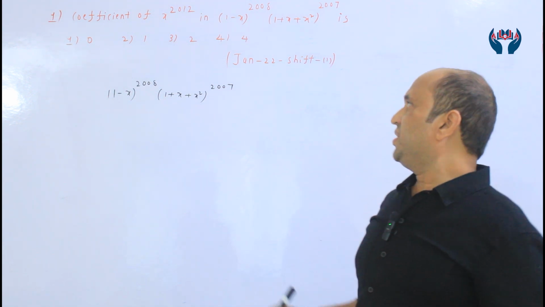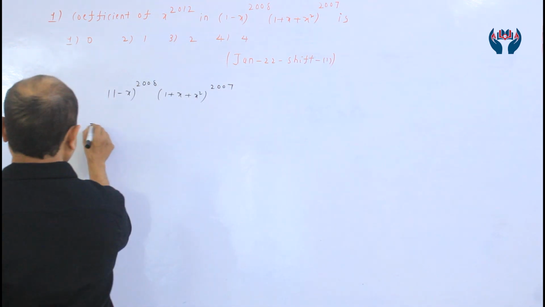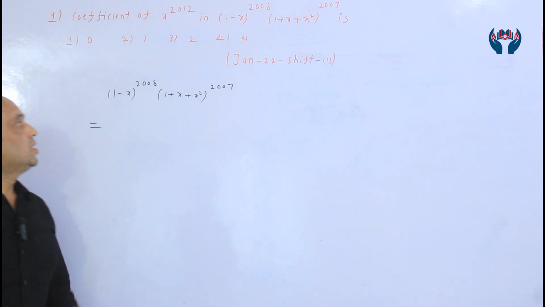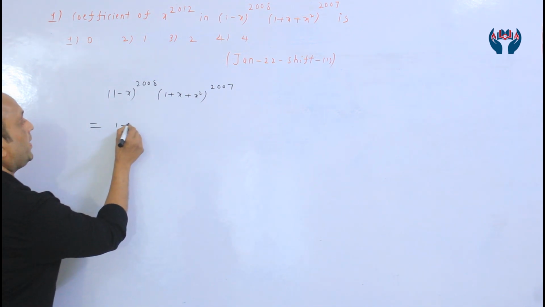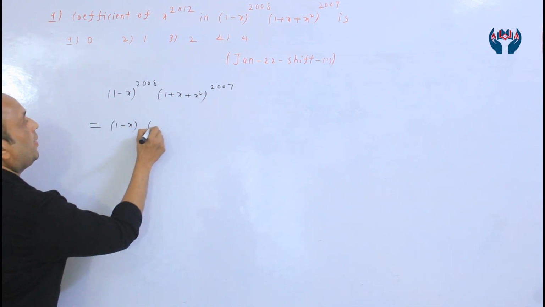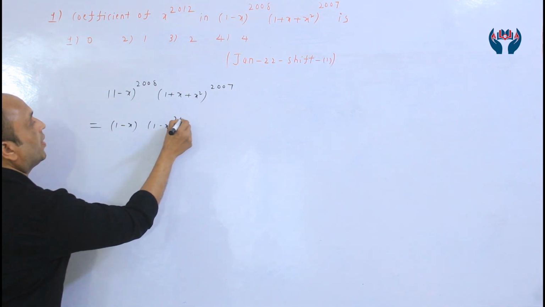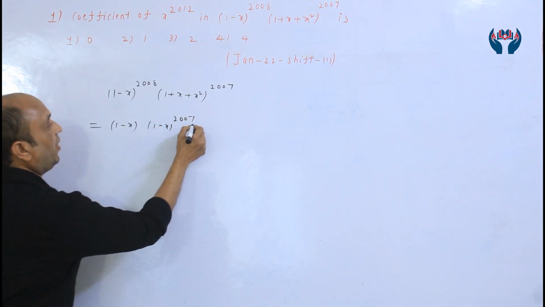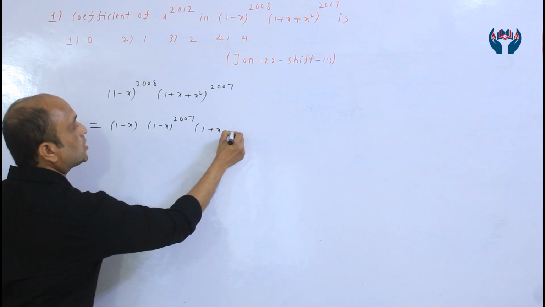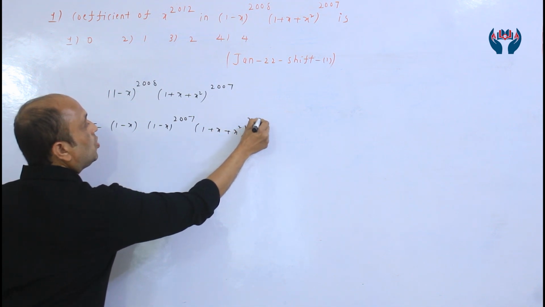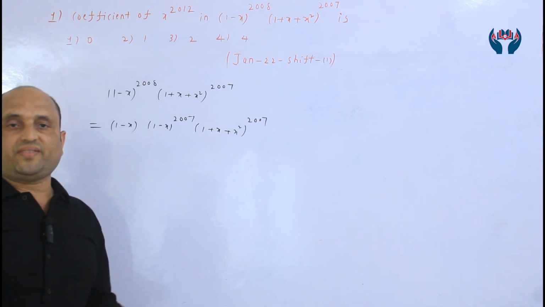First of all, just equate the powers. So (1 minus x) into (1 minus x) whole to the power of 2007 into (1 plus x square) whole to the power of 2007.